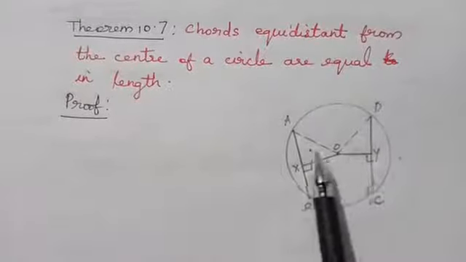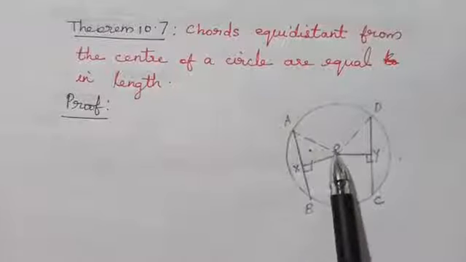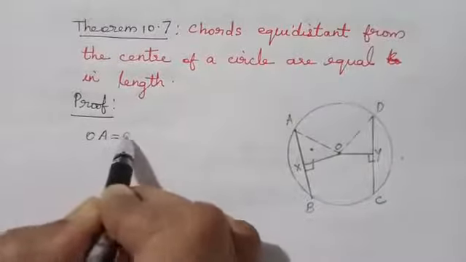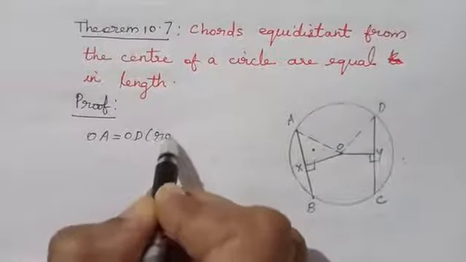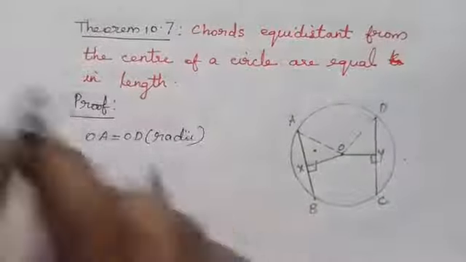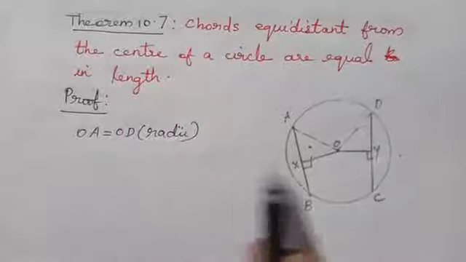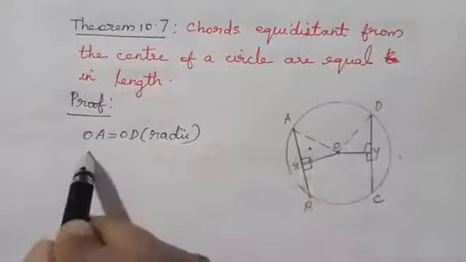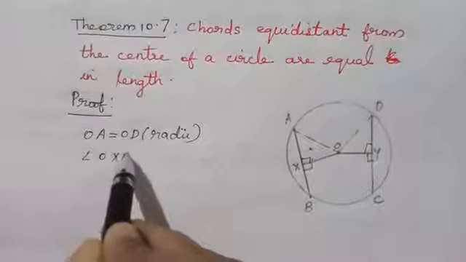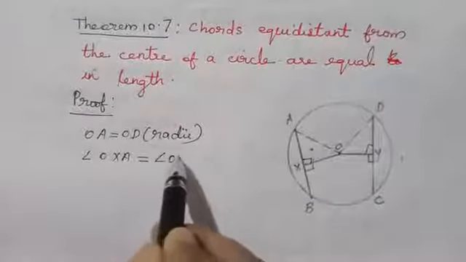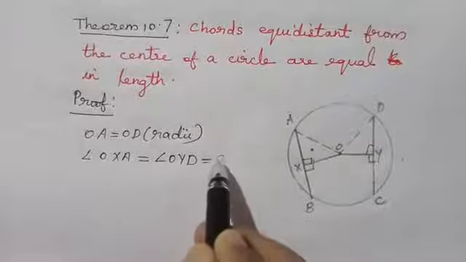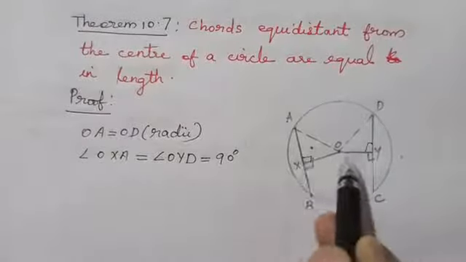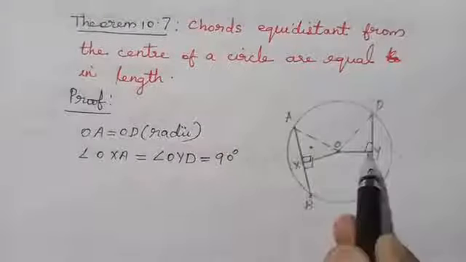Now consider these two triangles. OA equals OD because both are radii of the same circle. Now consider these angles. Angle OXA equals angle OYD equals 90 degrees. That is given, meaning these two line segments are perpendicular to the chords. Then OX equals OY.